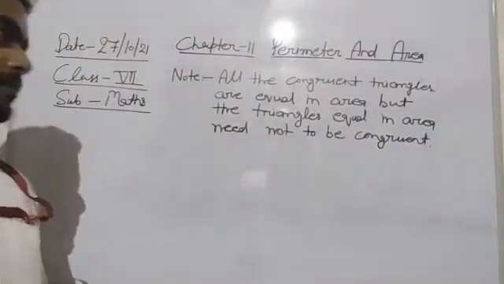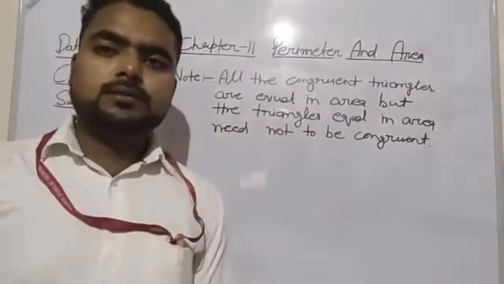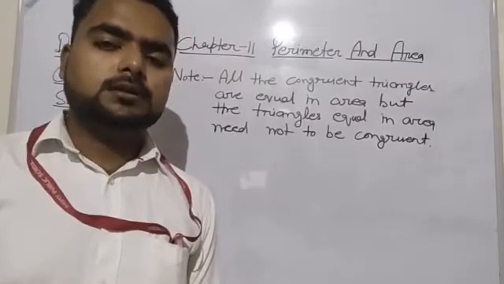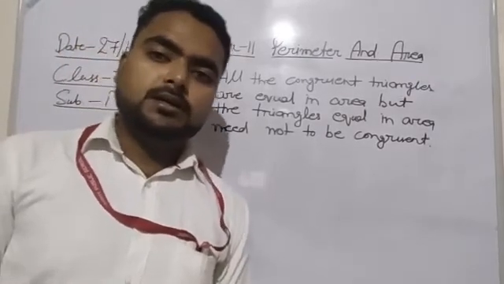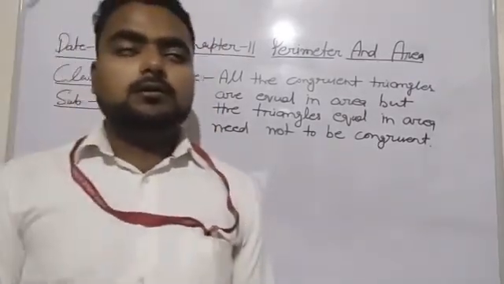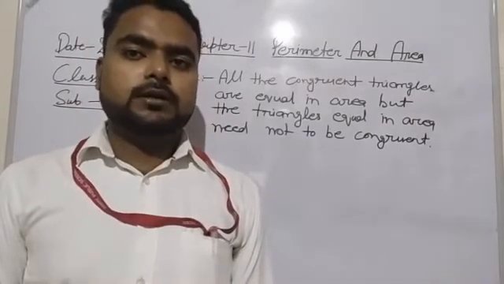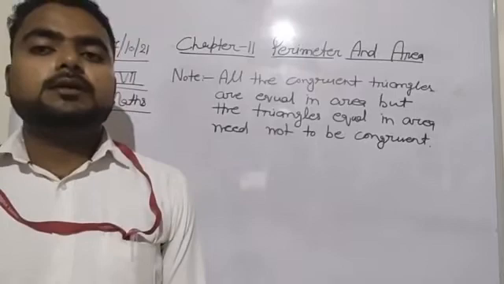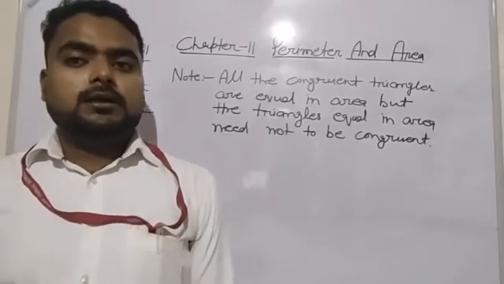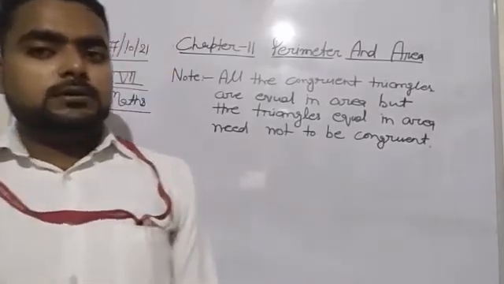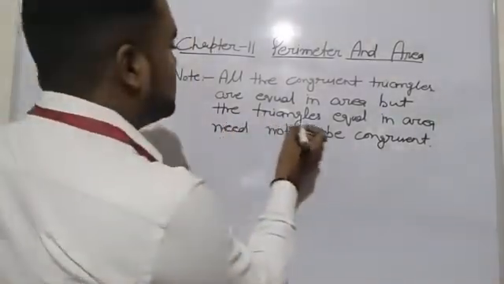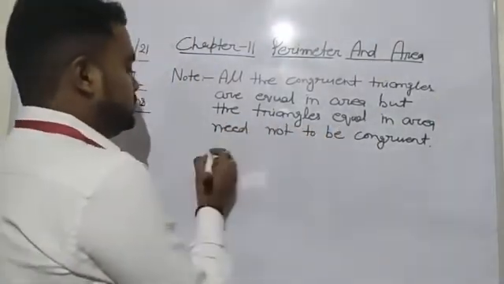There may be a question in your mind: if they are congruent, why are they equal in area? Because if they are congruent, then all the parts of the triangle are equal to each other according to congruency. So if the parts are equal, then the area of both the triangles is also equal. Now the second is, triangles equal in area need not be congruent.